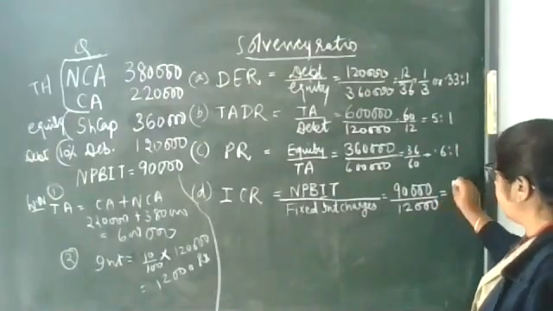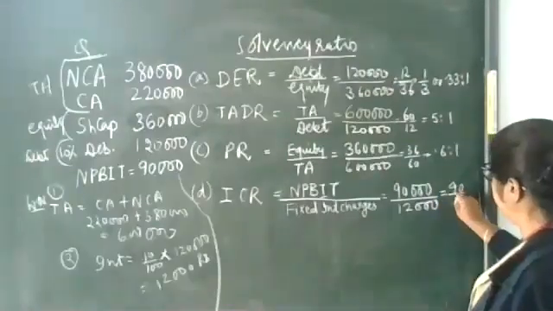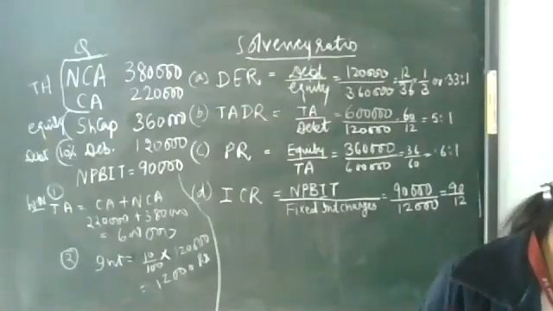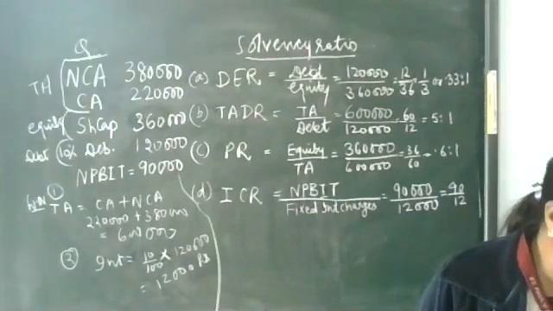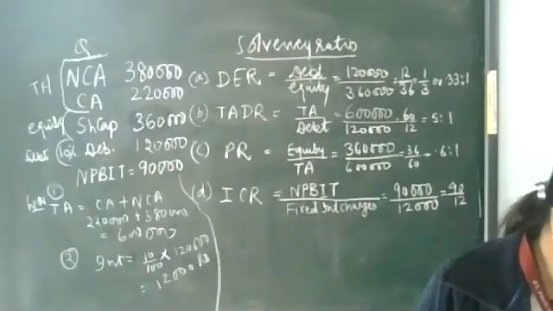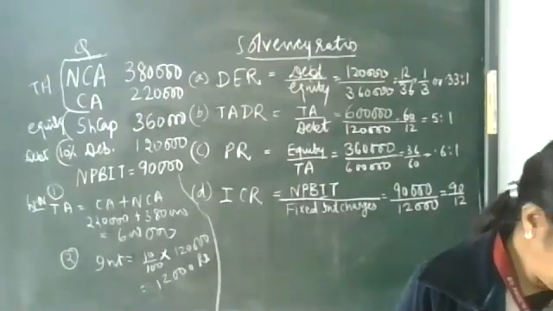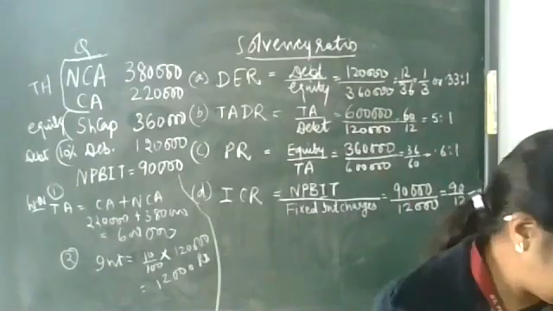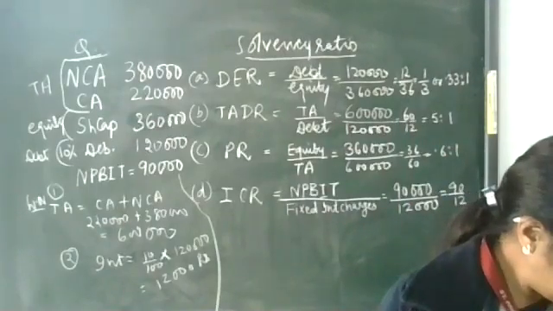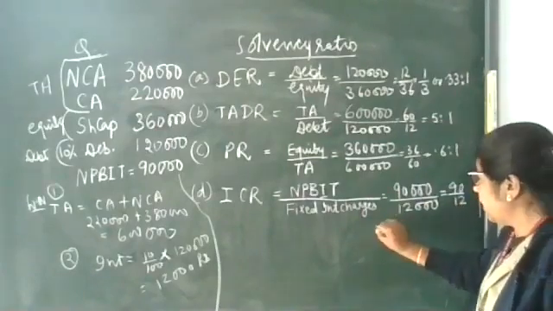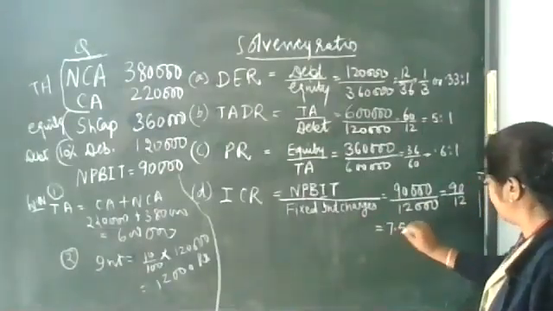Remove the zeros. 90 upon 12. You will get the answer: interest coverage ratio is 7.5 times.